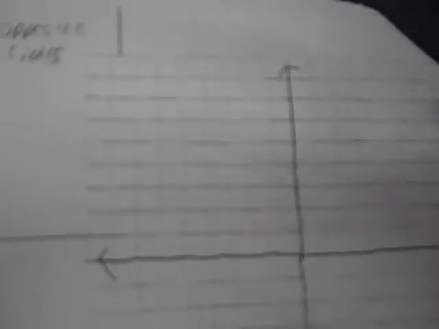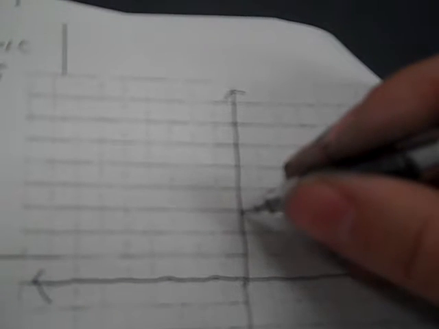The y-intercept is 7. You graph the y-intercept first. Now it's positive, so you go up: 1, 2, 3, 4, 5, 6, 7. And from this point, make it a fraction. I go down 5 because it's negative, and right 1.